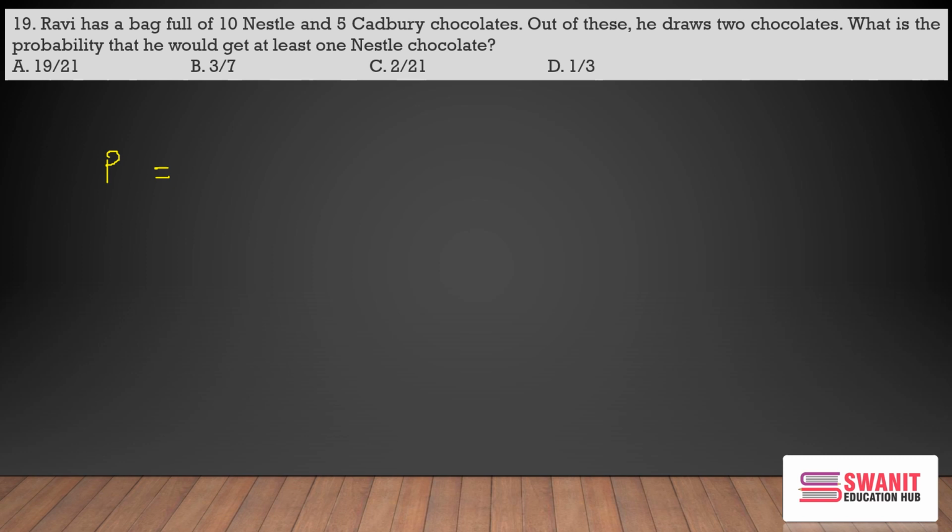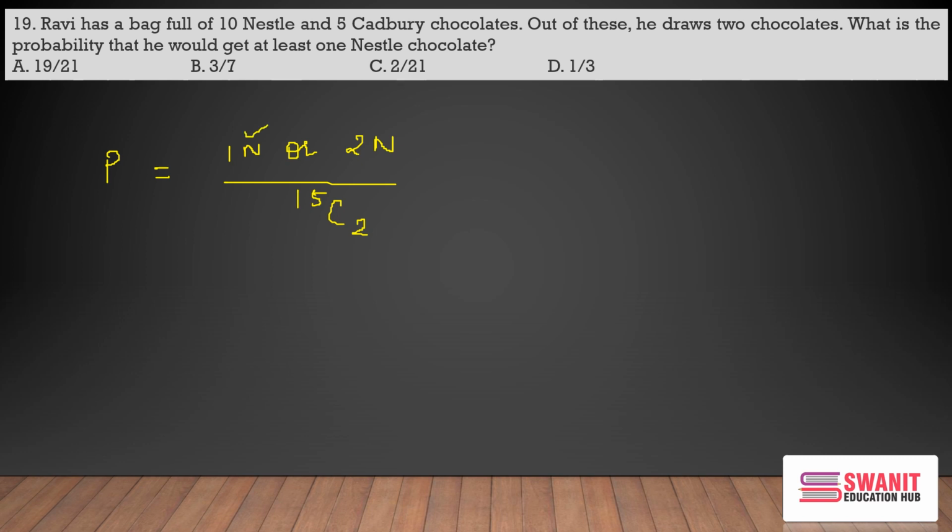Now what is the favorable outcome here? We are talking about he should be getting at least one Nestle chocolate. That means it can be one Nestle or it can be both Nestle chocolates. So therefore, this is the desired outcome out of the total. Total 15 chocolates are there, out of which 2 are removed. So 15C2.